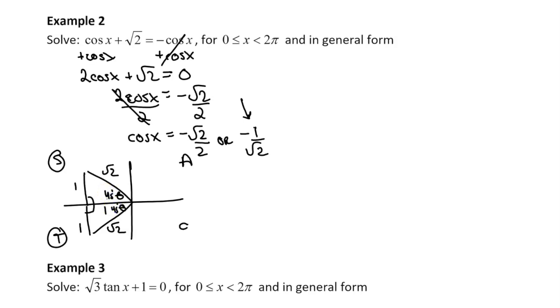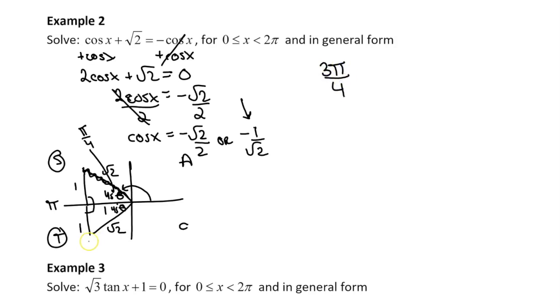Thinking about something like this, if we want to figure out exactly what it is, we know that going all the way around to here would be a full pi, pi being halfway right here, subtract the pi over 4, that 45 degrees converted to radians. So pi, subtract a quarter of a pi, would leave us with 3 pi over 4 as one of our solutions.